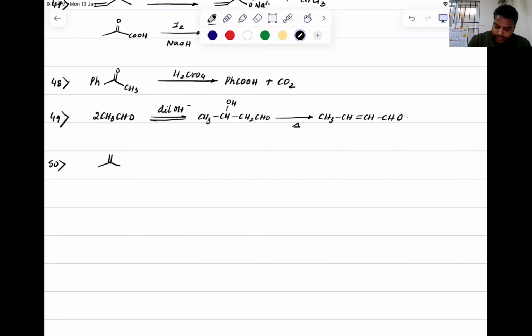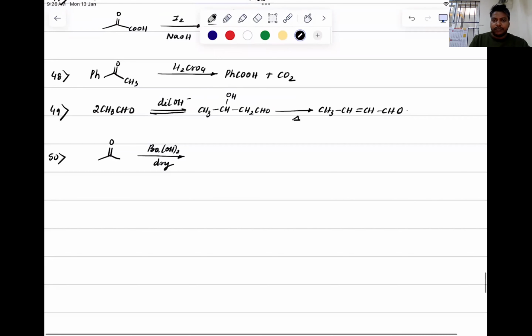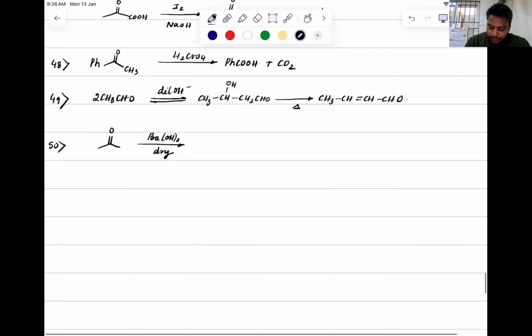By chance, if it is given as acetone in the presence of barium hydroxide, dry. This should not be watery, it should be dry, in powder form. Or simply mention it as heat. Then we will get a double bond O here.